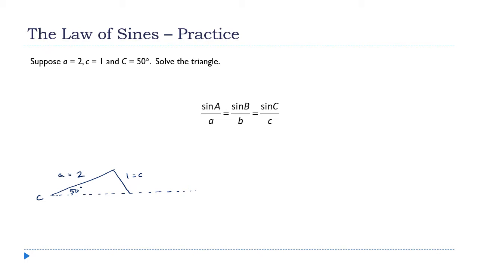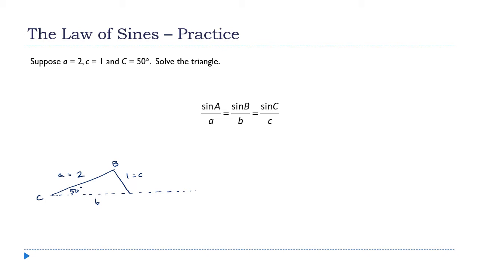Okay, good. So, let's go to our law of sines, right? I'm going to do A and C. I really have to do A and C, right? I don't know angle B, and I don't know side B. I have to know at least one of a pair to use this law. So I'm going to do C first.